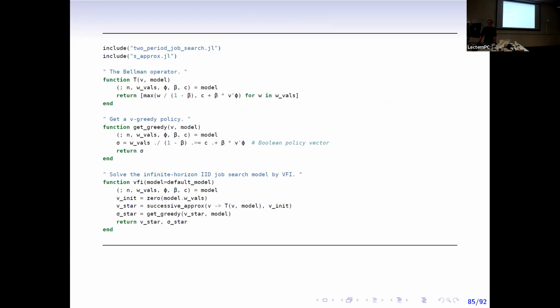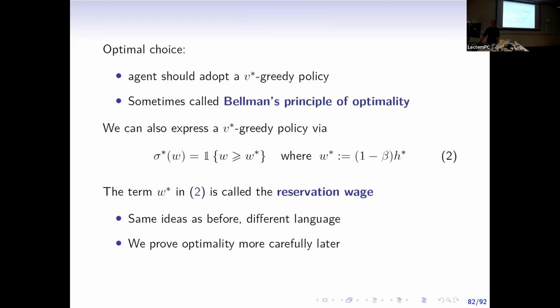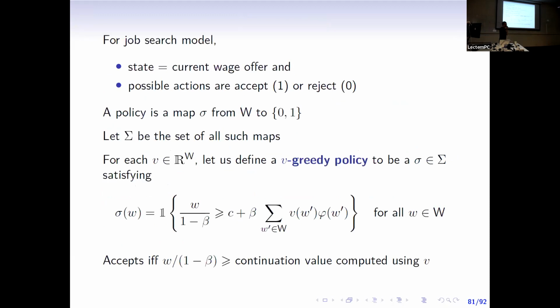All right, so there's a little bit of Julia code for solving this. What's the question here from my audience? What happens if phi is not known exactly? Yeah, that's a good question, and it's one that I'm going to avoid. But if phi is not known exactly, that takes us more into the realm of potentially structural econometrics.